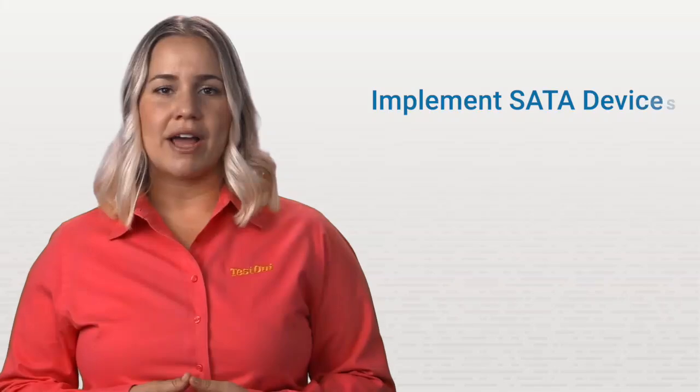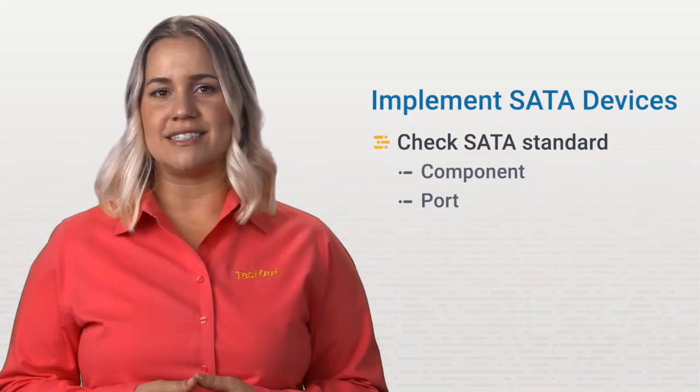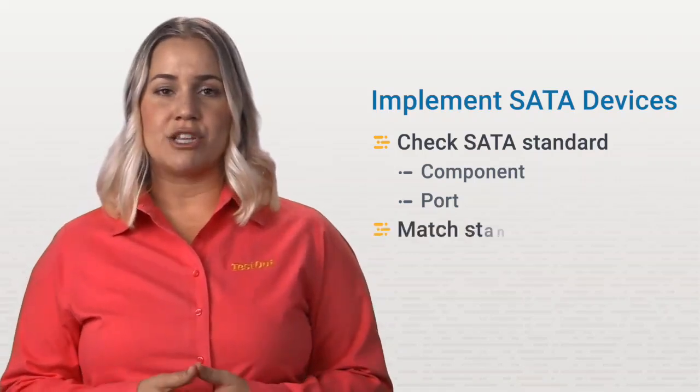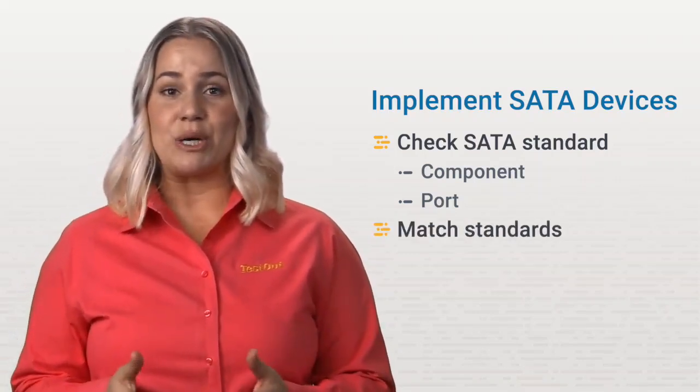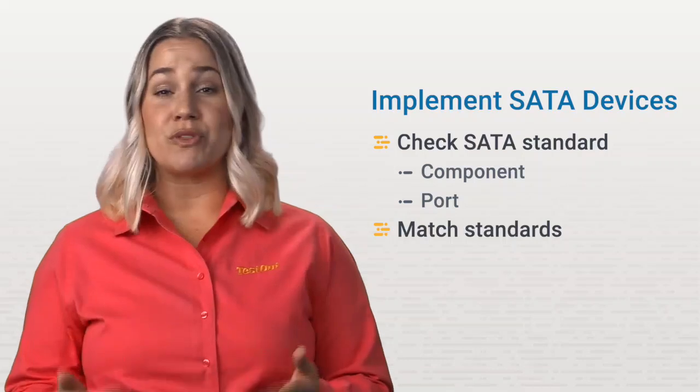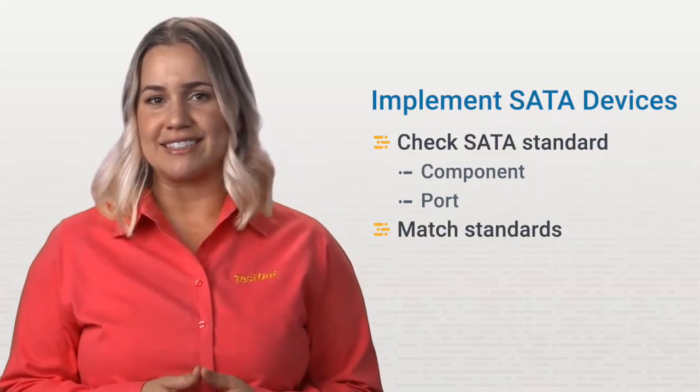With that in mind, let's spend a few minutes reviewing the process for selecting and implementing a SATA device. Before you buy a component to implement a SATA device on your computer system, check the component standard and the port interfaces. You need to make sure that you match them appropriately. In other words, you need to determine the standard for the interface used by your storage device.